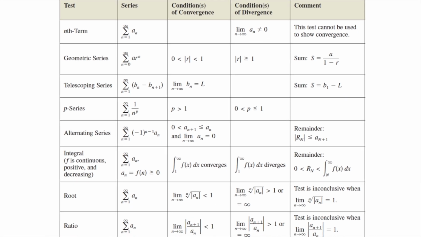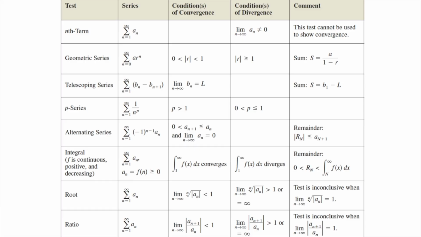All the tests have been listed with their conditions for convergence and conditions for divergence. Take a look at the comments. The nth term test cannot be used to show convergence. For your geometric series, remember that when n equals 0, 0 gets substituted in for the exponent, you must get 0, otherwise you're going to have to solve for the first term to use your summation formula.